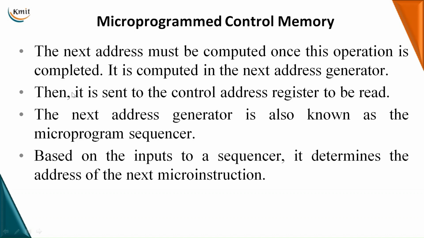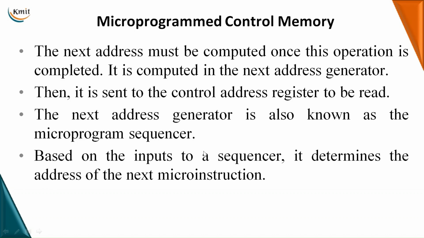This is done by the next address generator. Then the address which has been computed by the next address generator is sent to the control address register, so that the control address register reads a particular address from the control memory and puts it into the control data register. The next address generator is also known as the microprogram sequencer.